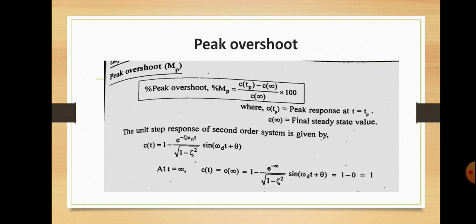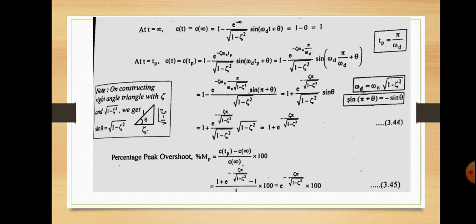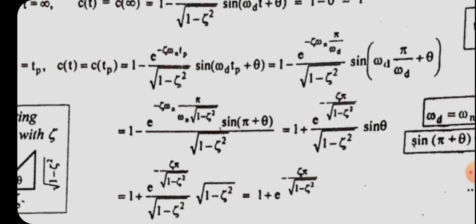Next we substitute t equal to Tp. We get C of Tp equal to 1 minus e raised to minus epsilon into omega n into Tp divided by square root 1 minus epsilon square into sin of omega d into Tp plus theta.